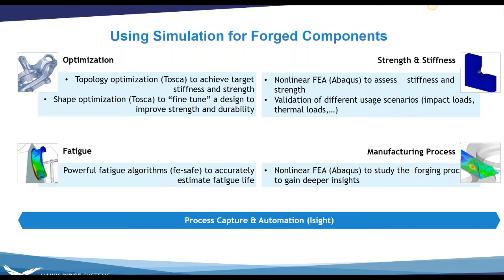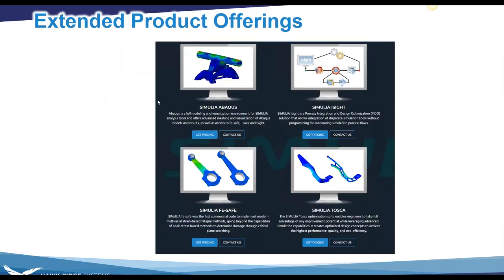And then with all of these tools, anything that you can parameterize, you can wrap iSight around, which is a process automation tool. What that allows you to do is get some statistical probabilistic data about how different geometry or material property or loading characterization is going to affect your life prediction for your tool.